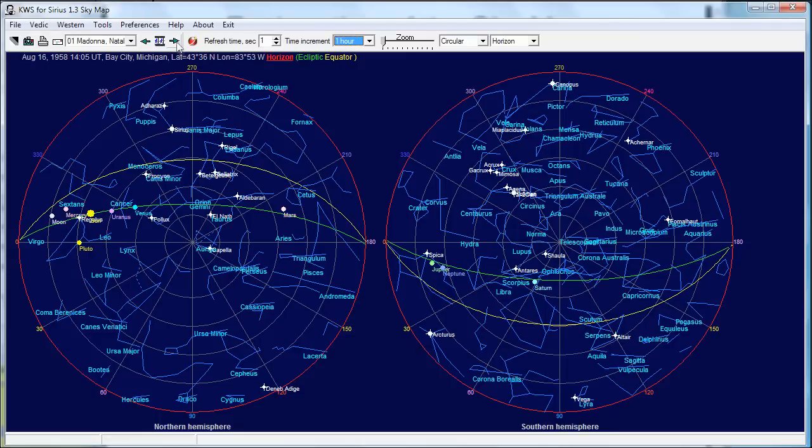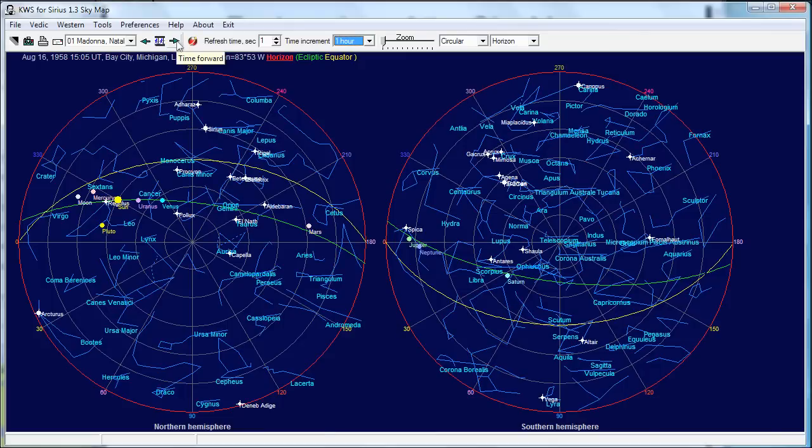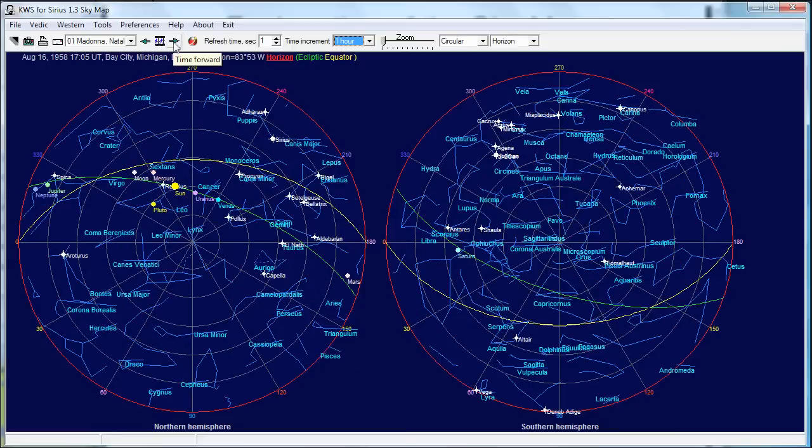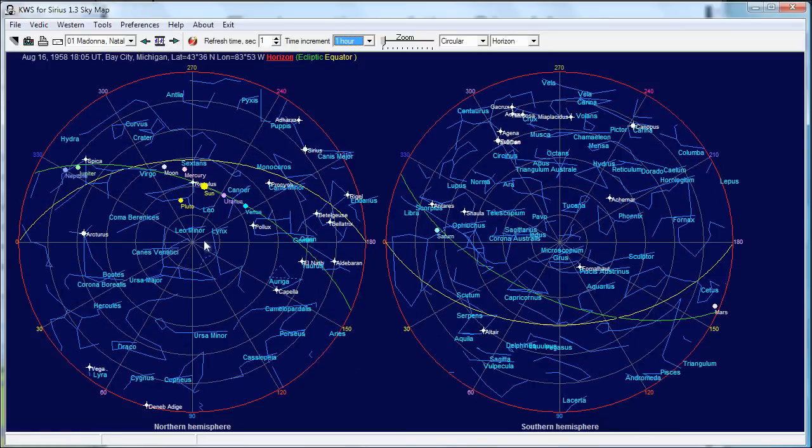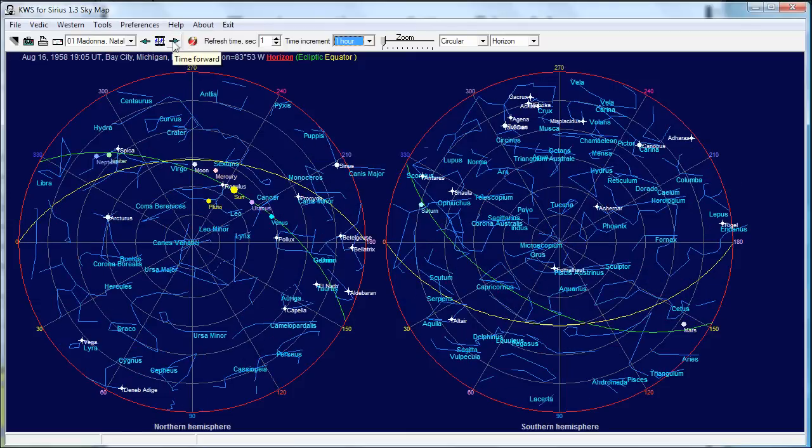I'm going to go an hour later. Here's the sun. An hour later, an hour later, an hour later. So it's following this path about like this. And it should come down here, maybe, based on that distance, I guess a little bit above, right in here. So we'll follow it around.